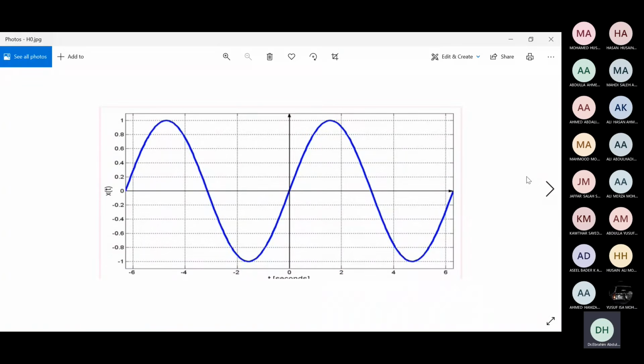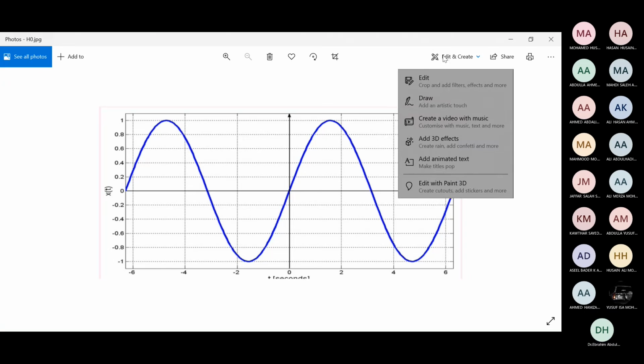This is a pure sine. Can I write on this? No. Okay, from here, draw.